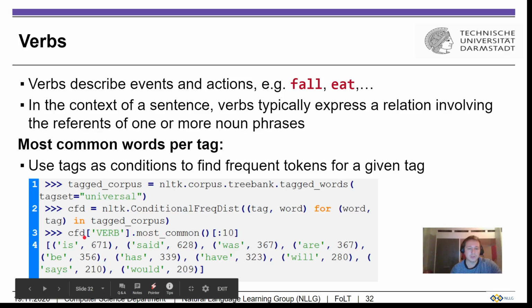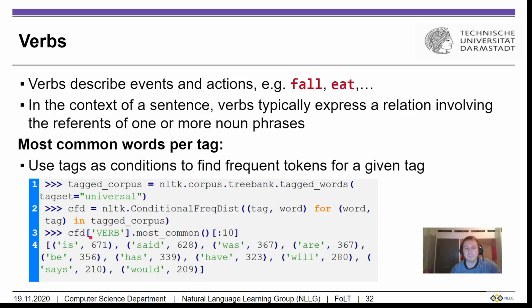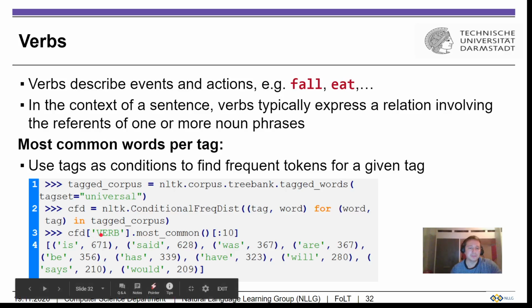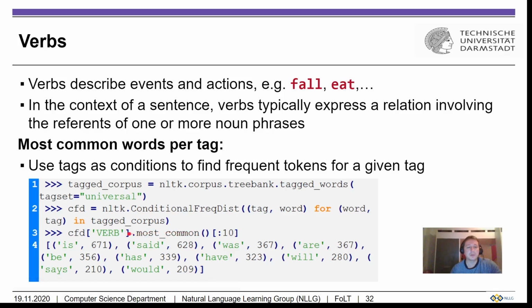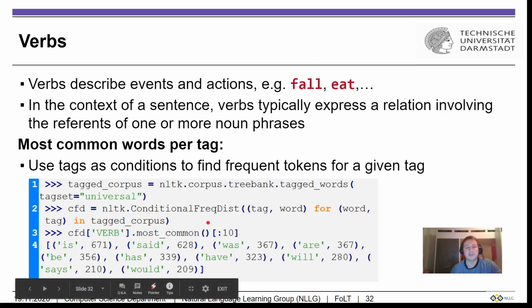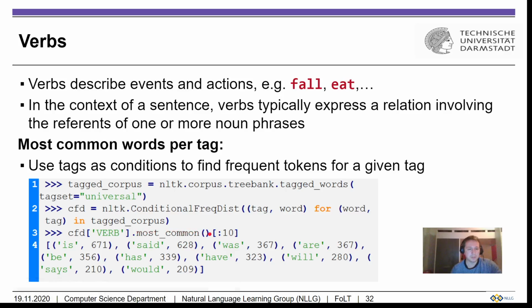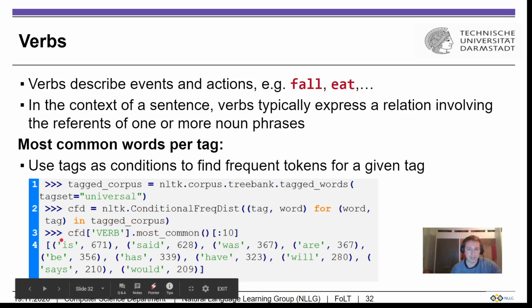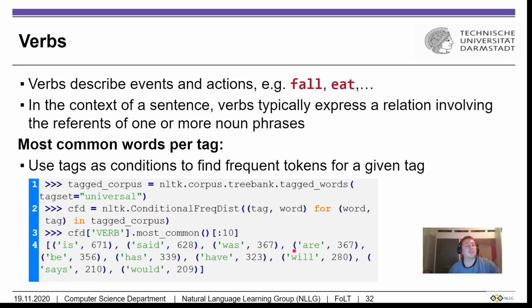Then in our conditional frequency distribution, we check the verbs and their most common ones. So we have a frequency distribution, but conditional on the part of speech tag. We check our most common verbs, and you see that in English, at least in this corpus, is, said, was, etc. are the most frequent ones.